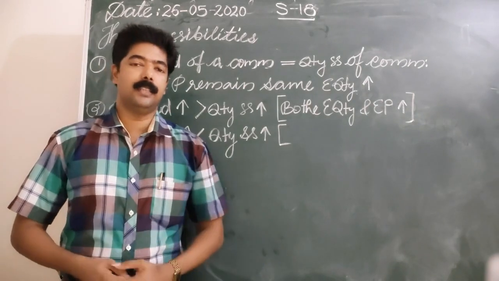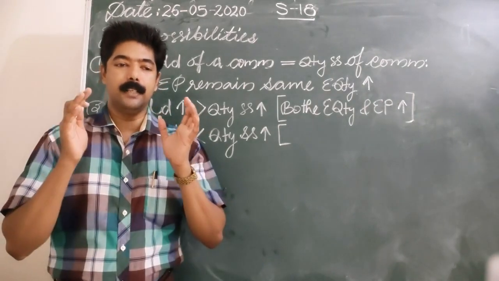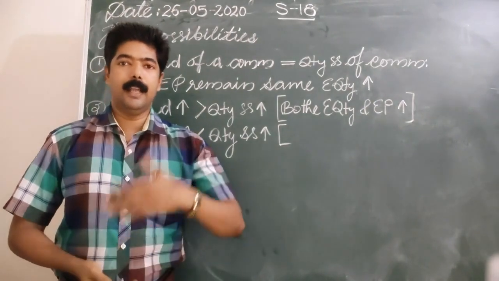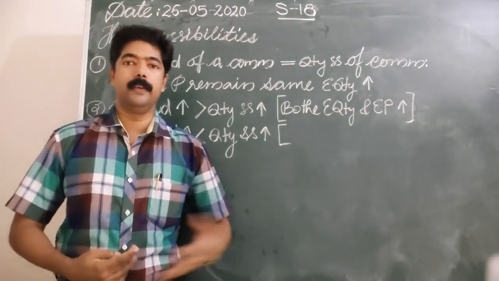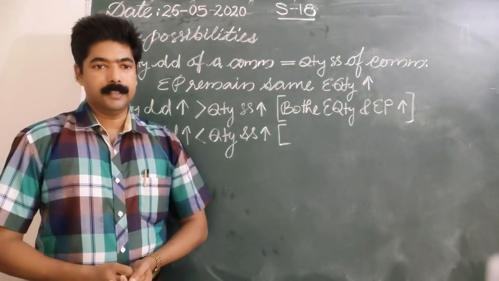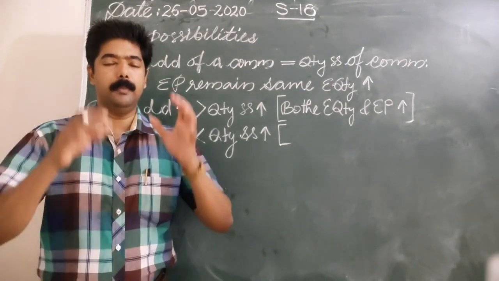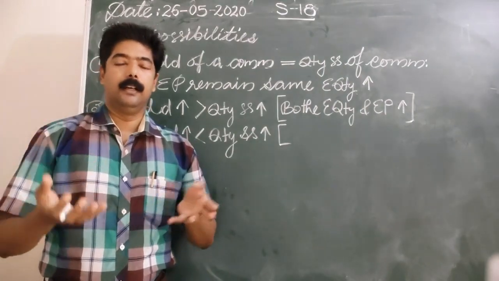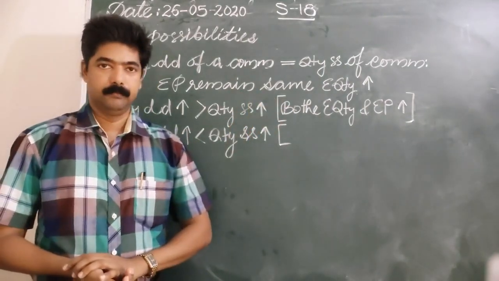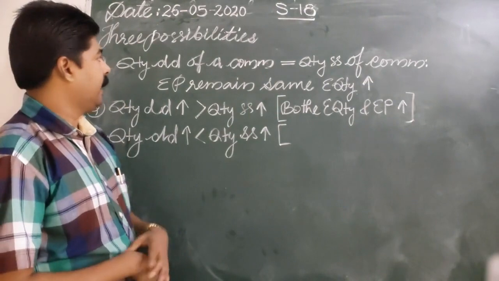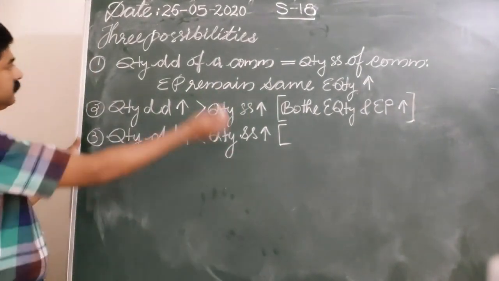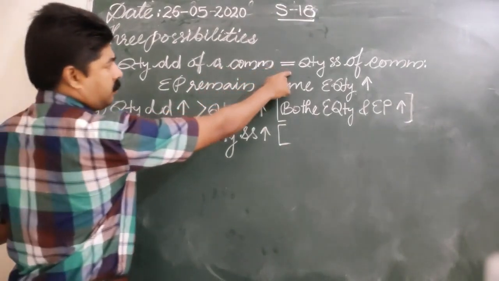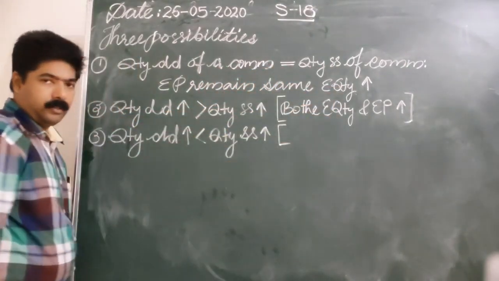Before discussing the third possibility, the third shift of demand and supply, let me lightly recollect the previous part. As I have told you, there can be three possibilities which are diagrammatically explained. In the first case, quantity demanded of a commodity equals quantity supplied of a commodity.